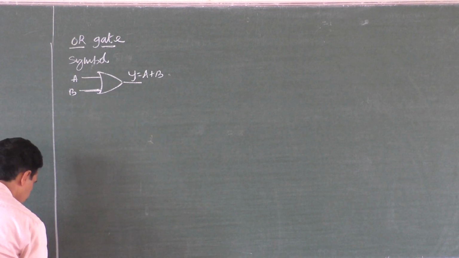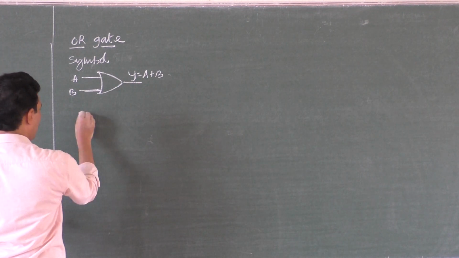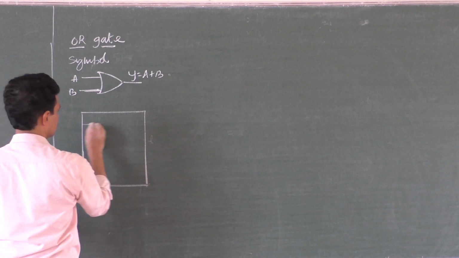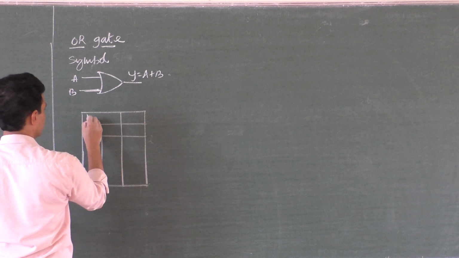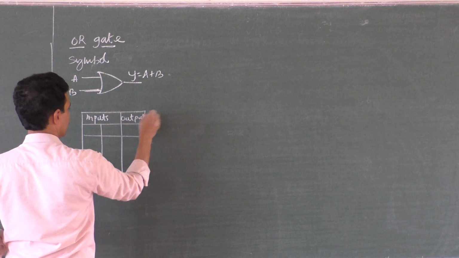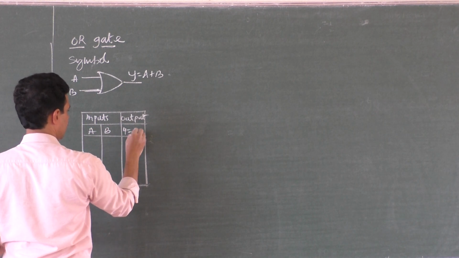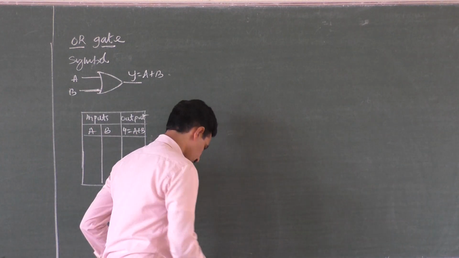Now, how do you write the truth table? All possible combinations of inputs and outputs. So this is for inputs and this is for outputs. Inputs, this is output, and this is A, B, Y is equal to A or B. We are writing the OR operation.